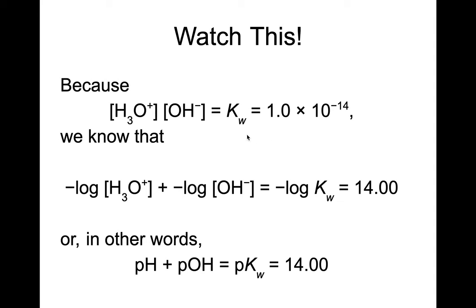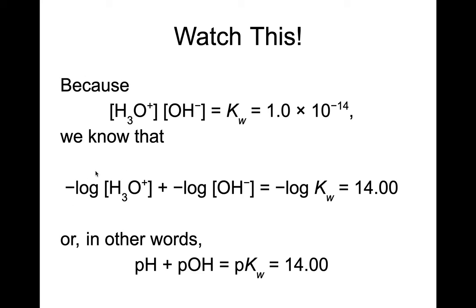If we apply a negative log to Kw here, the negative log of 1 times 10 to the negative 14th will be 14. So in other words, what we're saying is this is the pH.